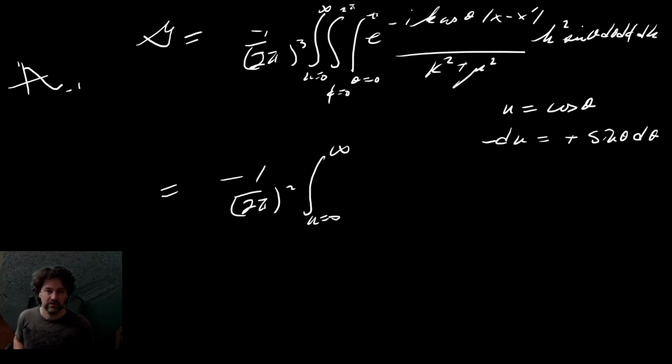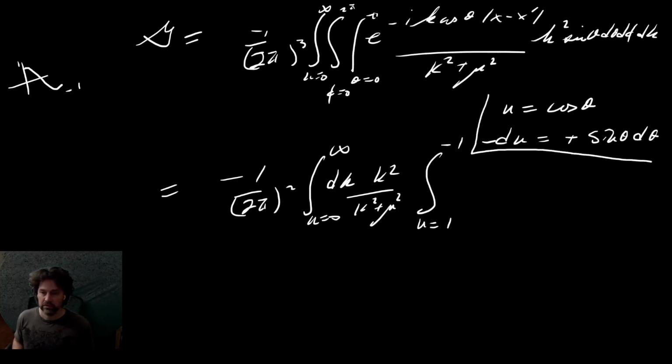All right, so G is minus 1 over 2 pi now squared, times the integral from k equals 0 to infinity dk, k squared over k squared plus mu squared, and u goes from 1 to minus 1, e to the minus I k u, and let's write alpha as x minus x prime.